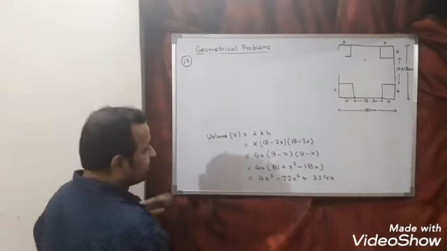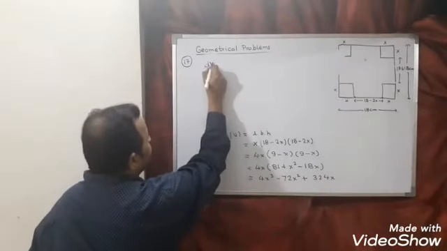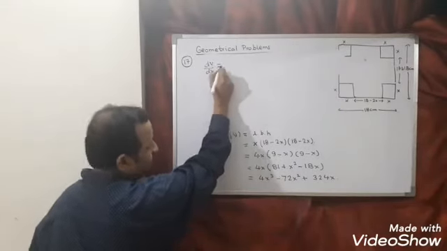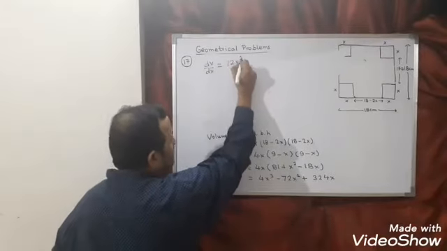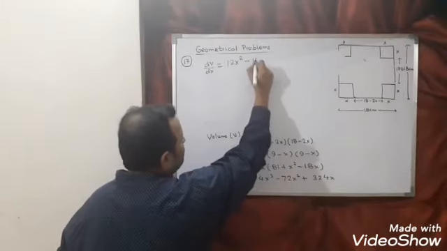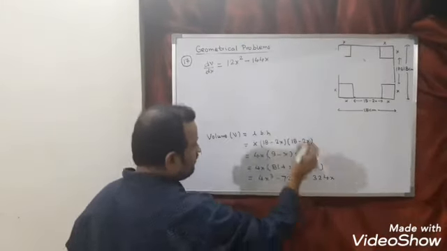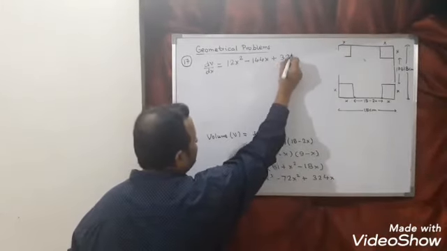So here I can say dV by dx is equal to, so find the differentiation. So 4 3s are 12x square minus 144x plus 324.